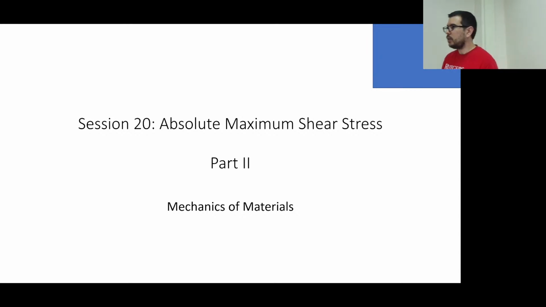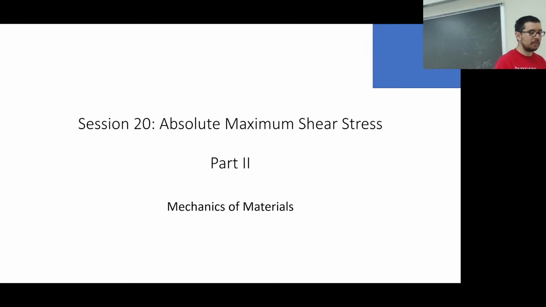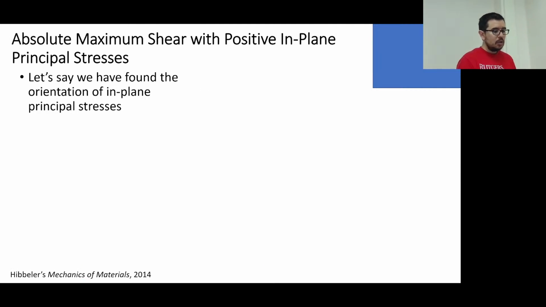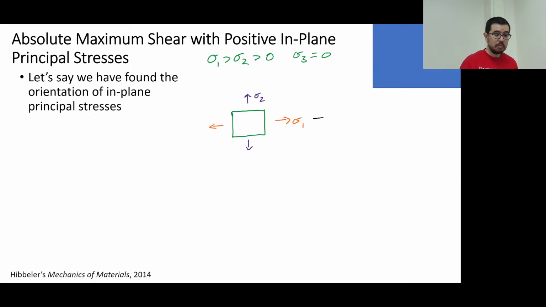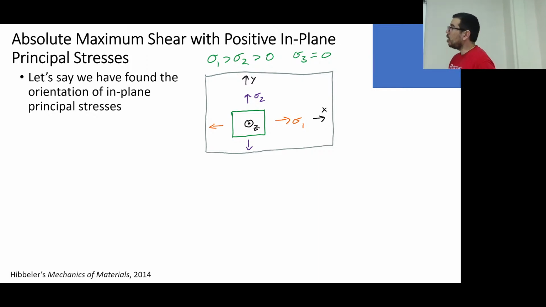Now we're going to shift gears and talk about absolute maximum shear stress, which I already talked a little bit about, but now we'll talk about it formally. So let's say that we have sigma 1, sigma 2, and sigma 3 is equal to 0. We draw it.